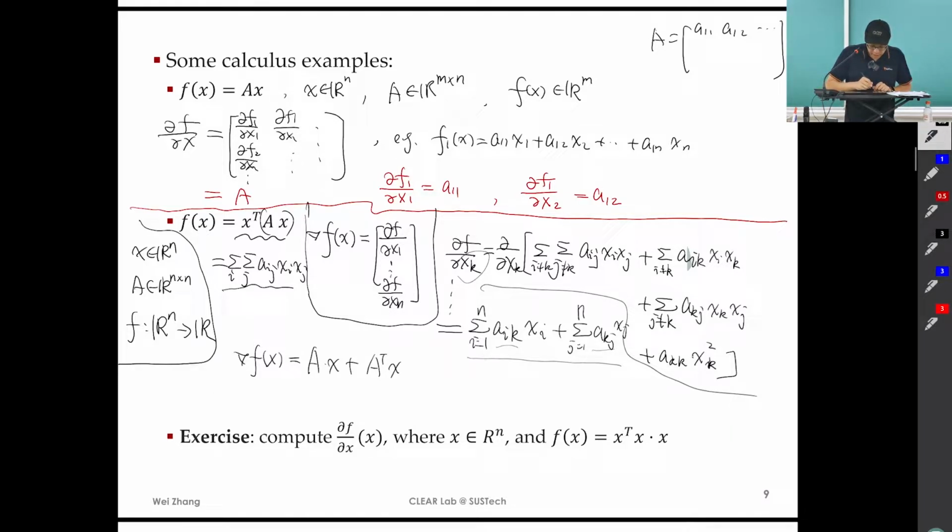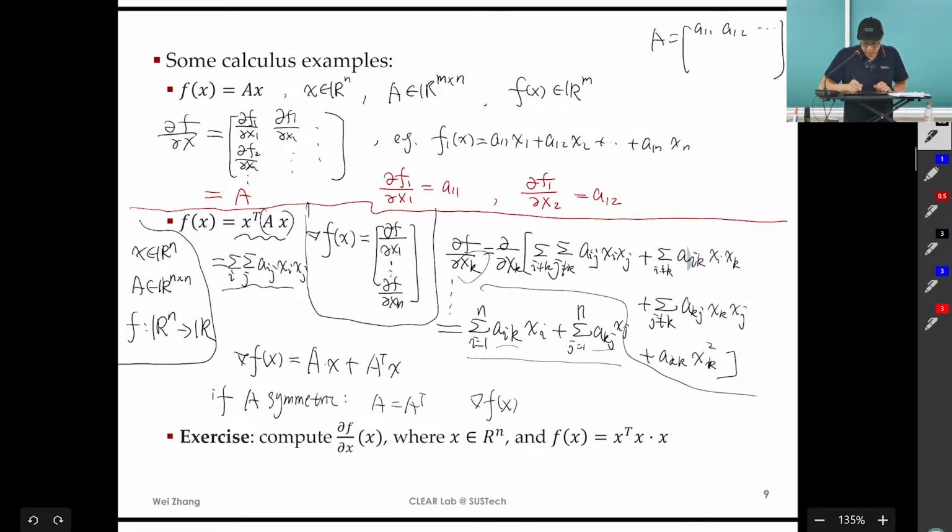Okay, that's the case. If A is symmetric, what does symmetric mean? A equal to A transpose. That's the definition of symmetric. So we have the derivative of this is 2Ax.